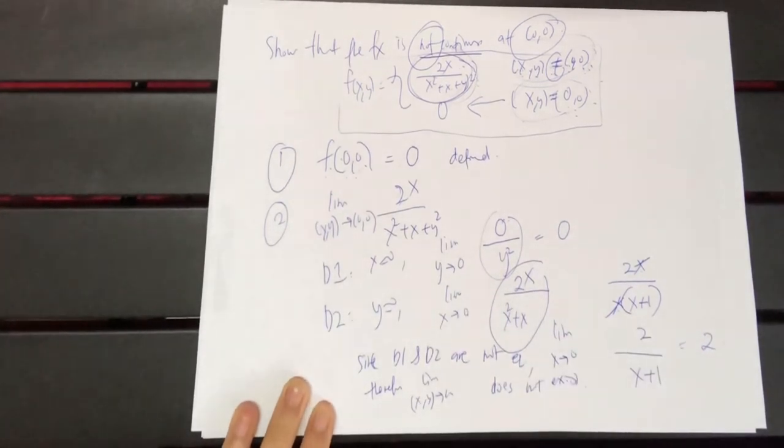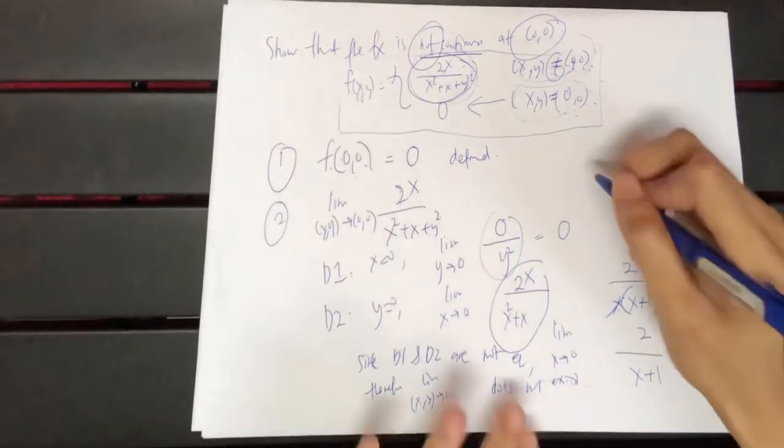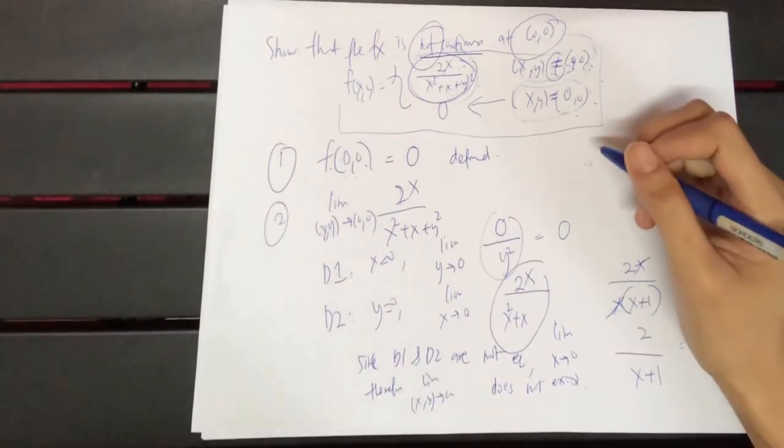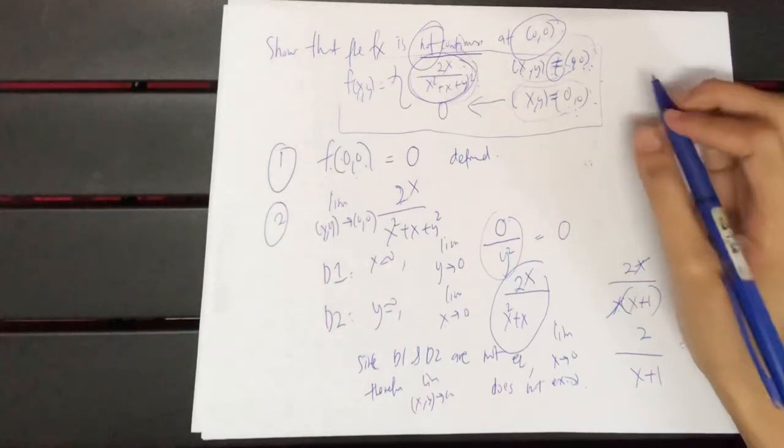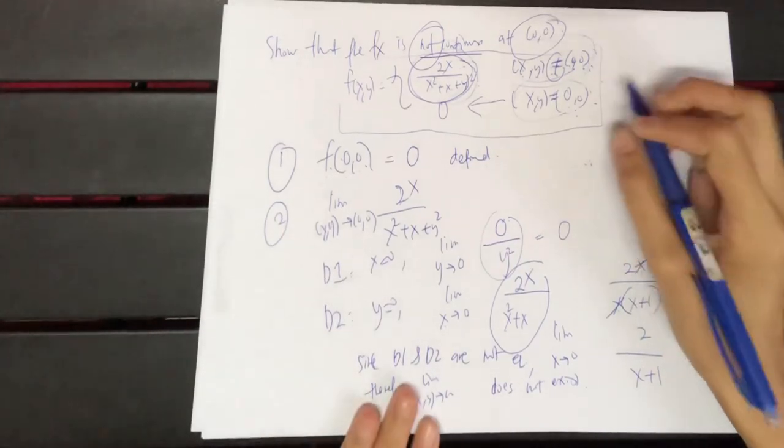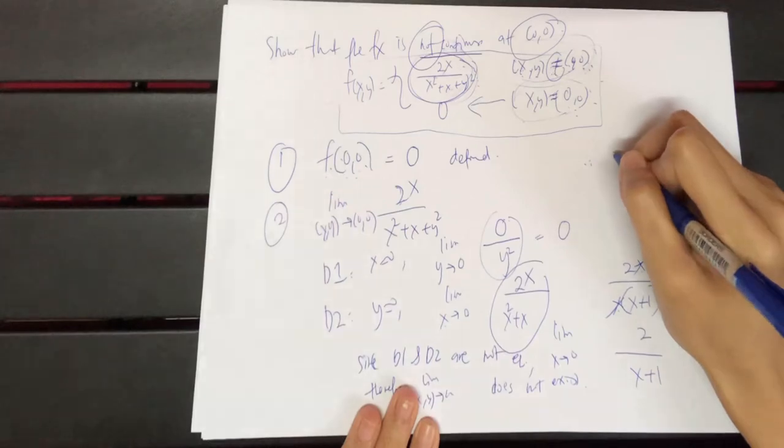Okay, does not exist. So, since condition number 2 is already not fulfilled, kita tak penuhi pun syarat nombor 2, sebab syarat nombor 2 supposed to be must exist. We get does not exist, right? So therefore, you no need to do condition number 3 already. Tak perlu buat condition number 3. You terus conclude.